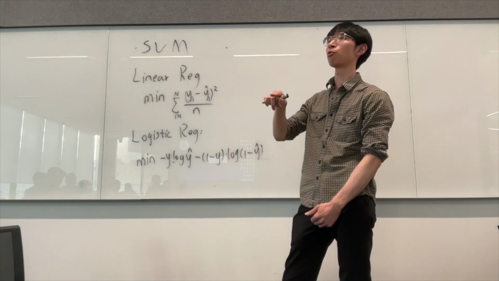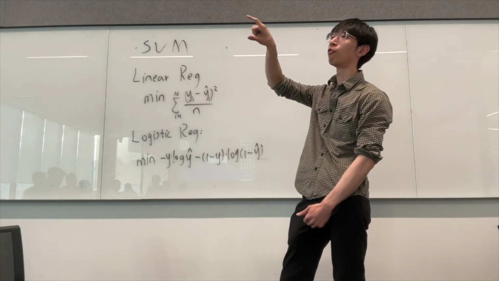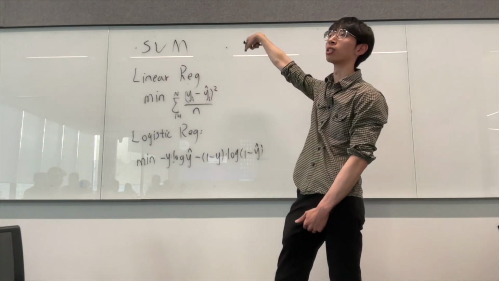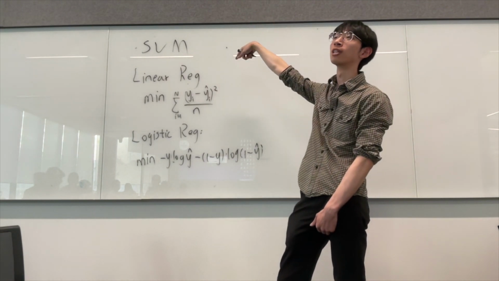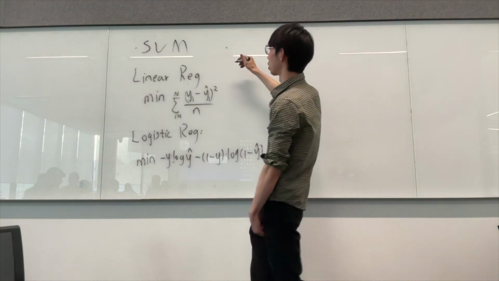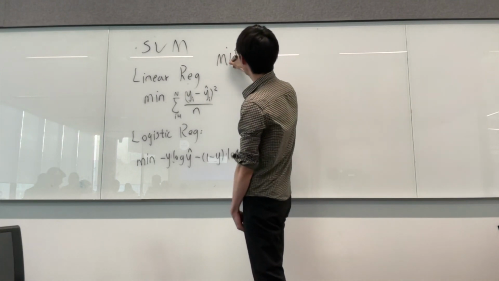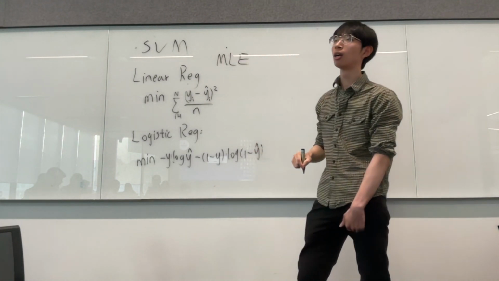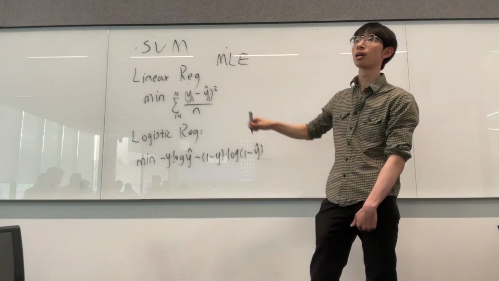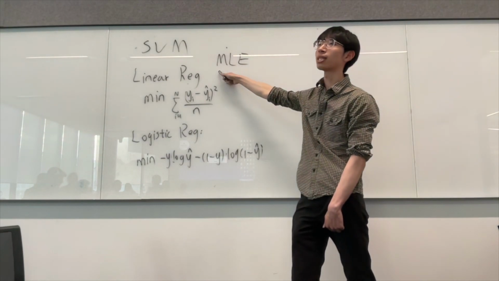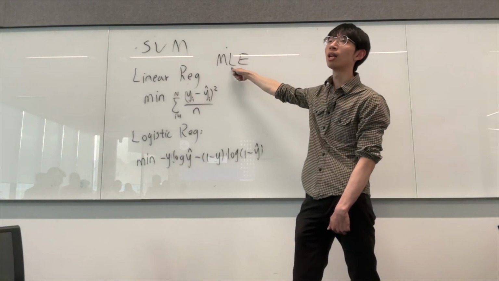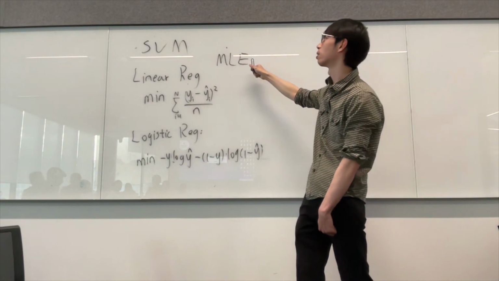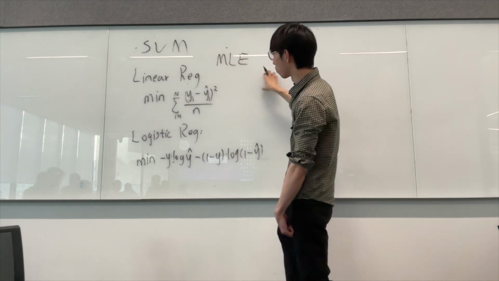We use Bayes theorem to transform the original form of the probability to what? To likelihood. So the method is called MLE. What's MLE? Remember? Maximum likelihood estimation, right? That's how we derive this.